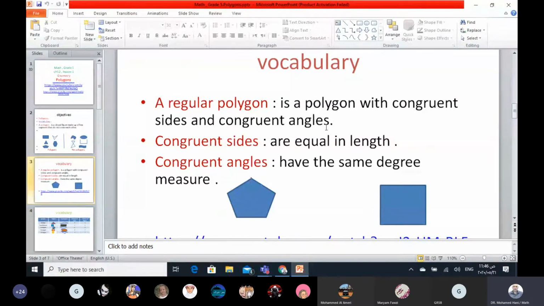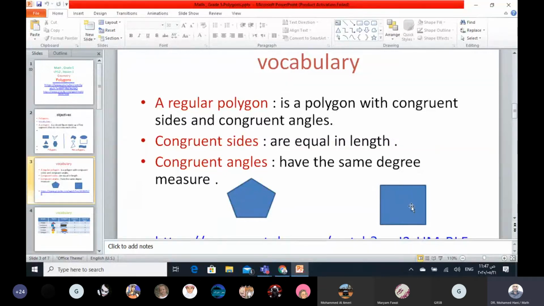And what's the meaning of congruent angles? It means this angle equals this angle equals this angle equals this angle equals this angle. So congruent angles means all angles are equal. So a regular polygon, when I have all sides congruent and all angles congruent, I can name this figure a regular polygon, like this shape and like this shape.